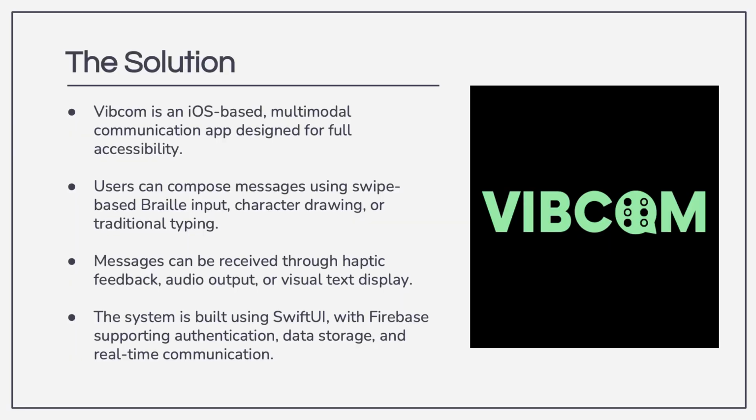There's also a drawing pad in the event that an individual developed visual impairments later in life and they were comfortable with drawing letters. They can use that to draw simple letters like A, B, C. And lastly, there is a regular traditional keyboard for the sighted users.